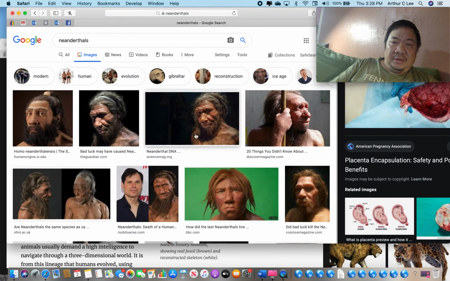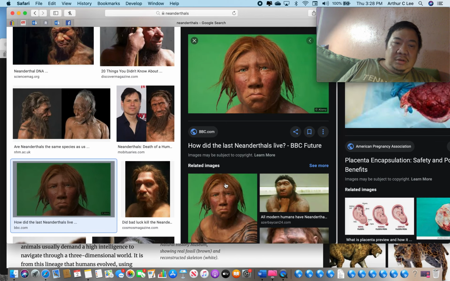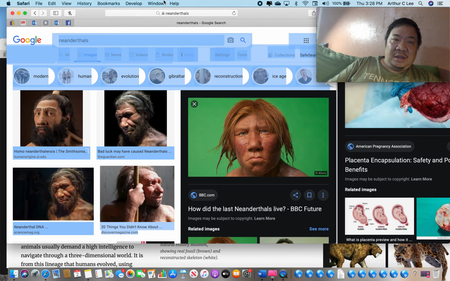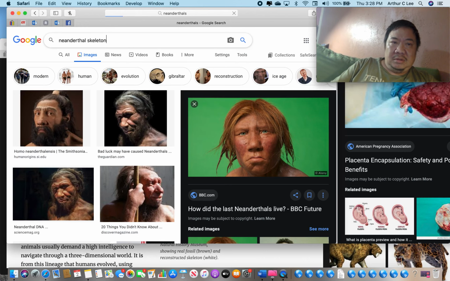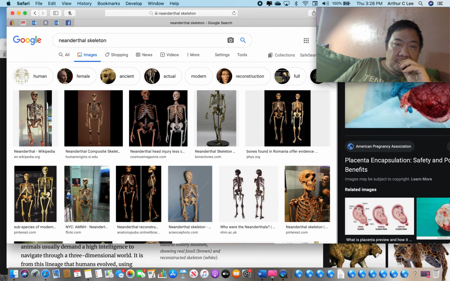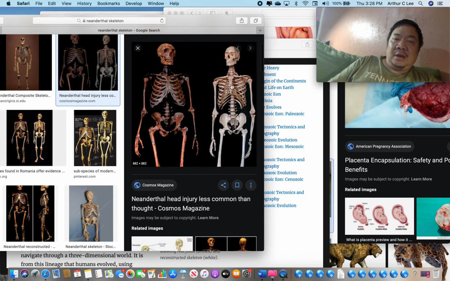This is what a Neanderthal looks like. And Neanderthals are much different than us. Let's take a look at their skeletons. On the left, you have a human, a hominid that is called Homo sapiens, modern humans.